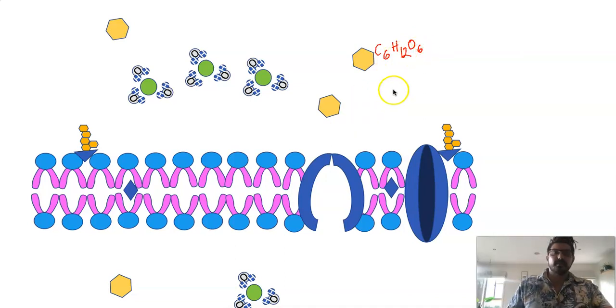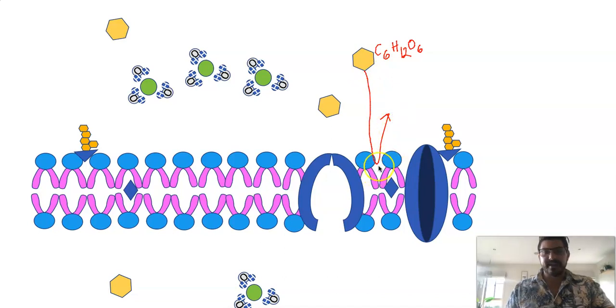Now, although these guys probably don't have a charge, the way that they end up structured makes them polar. They actually have an area, much like water does, of positive charge and an area of negative charge. So that means that when they try to get through this barrier, they get repelled away by the fatty acid tails. The fatty acids don't want them moving through. Plus, they're too large, so you need a substantially large gap to open up.